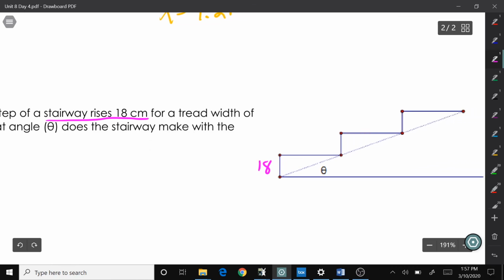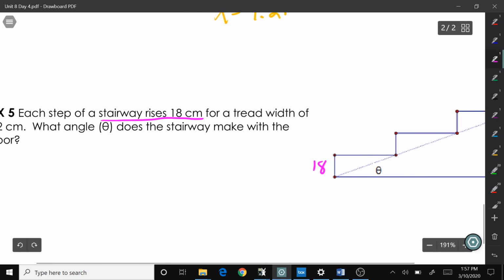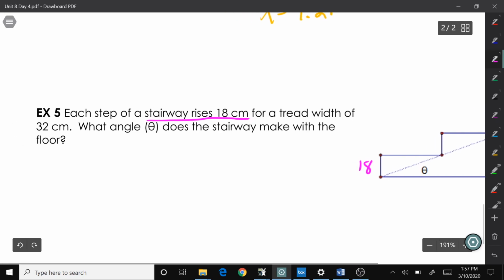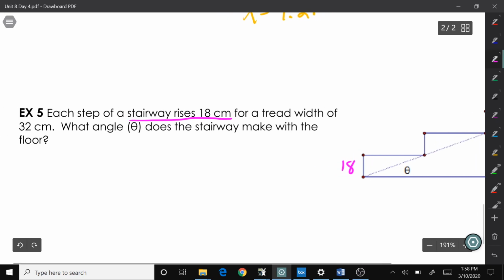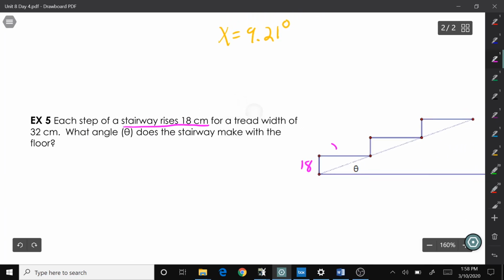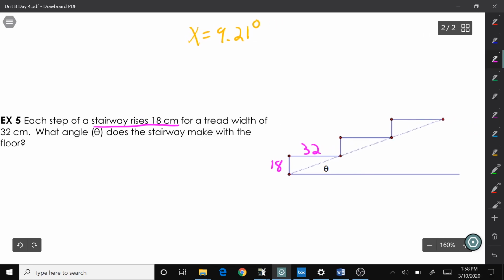So 18 for every 32 centimeters of width. Okay. So I go up 18 each time. 18. So I'm filling this out.